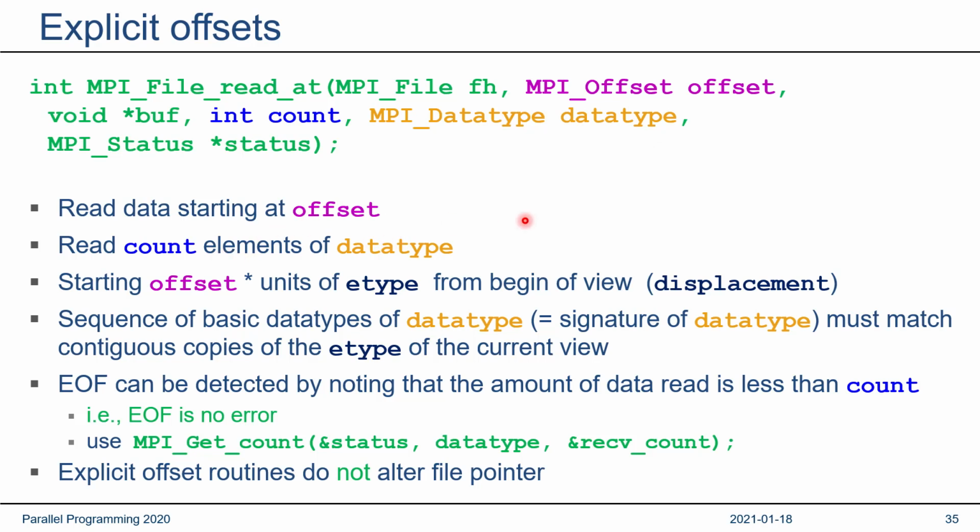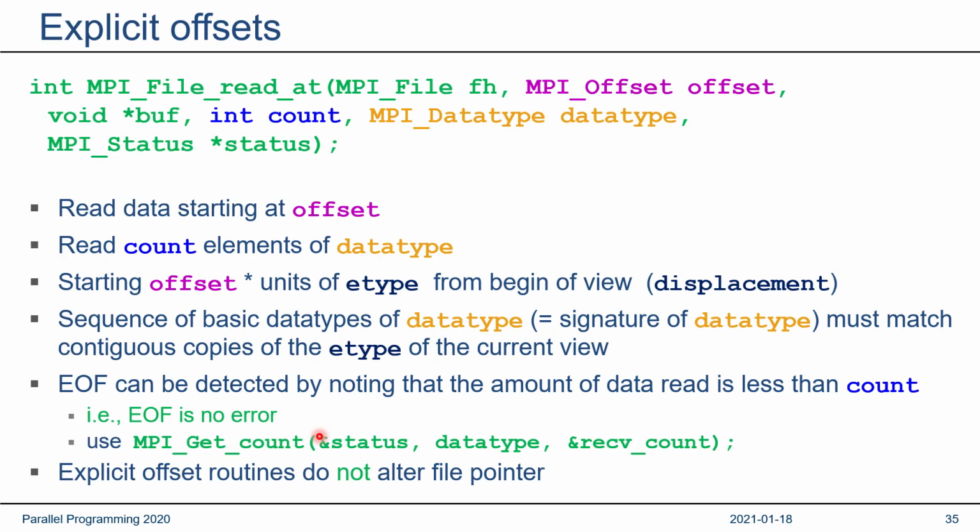Now, one important distinction from standard I/O functions is that the end of file condition can be detected by noting that the amount of data that was read is less than count. How do we get the amount of data? You use something that you already know from point-to-point communication. You use MPI_Get_count. There's an MPI status object. That's the whole purpose of that.